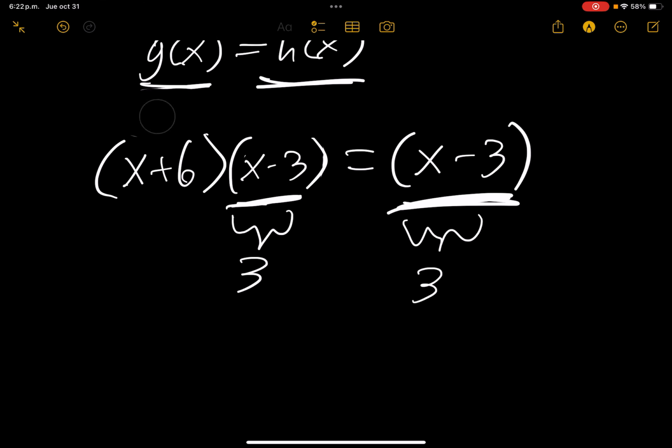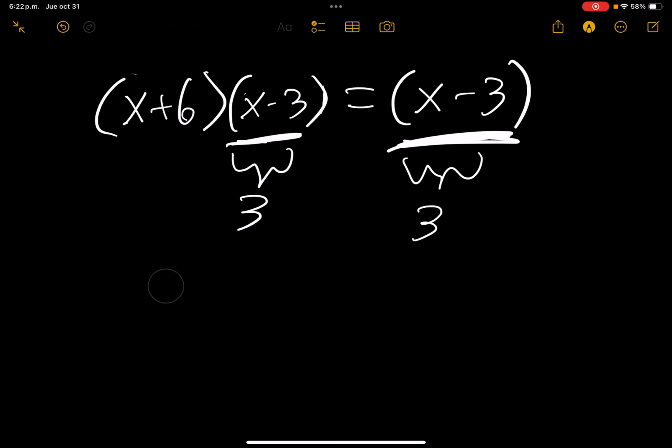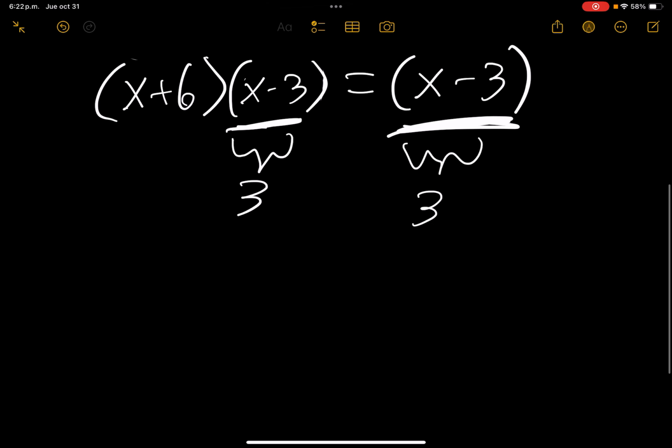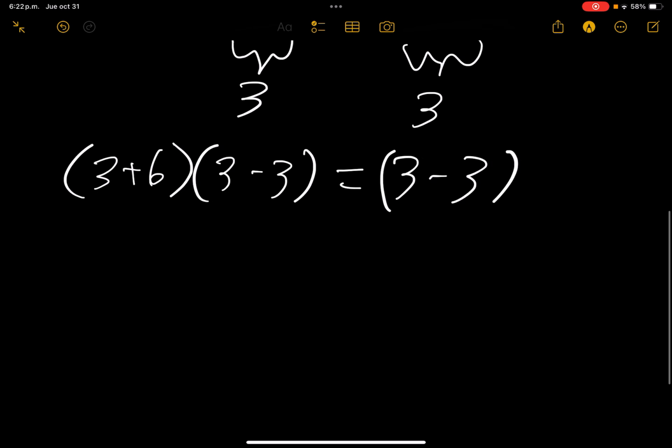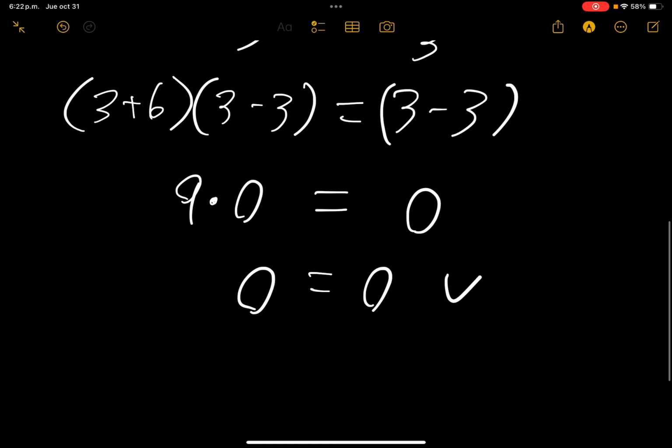So, at x equals 3, I'll show you what happens when we plug it in. I plug in x equals 3, we get 3 plus 6, 3 minus 3 equals 3 minus 3. So we get 0 equals 9 times 0, which is 0 equals 0, which is true.